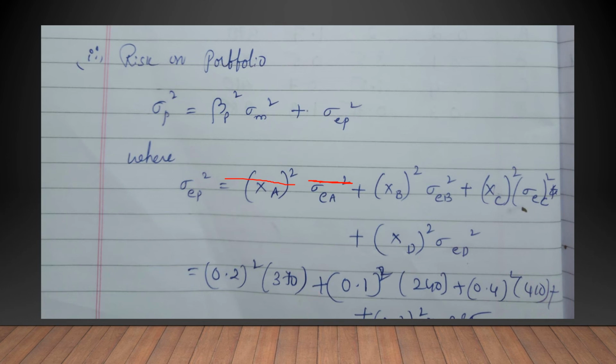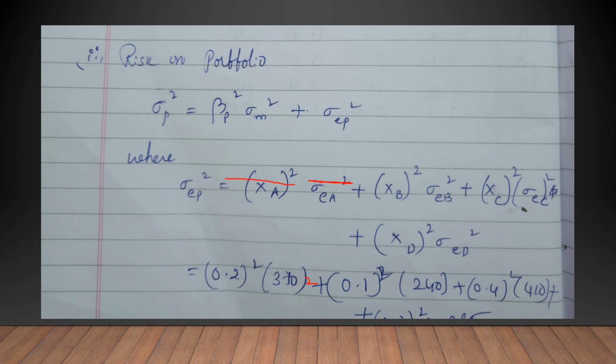Here you have to take it as a square. Then it is the same for securities B, C and D. You take the weights of the individual securities into unsystematic risk, multiplying by the proportion of that particular security.